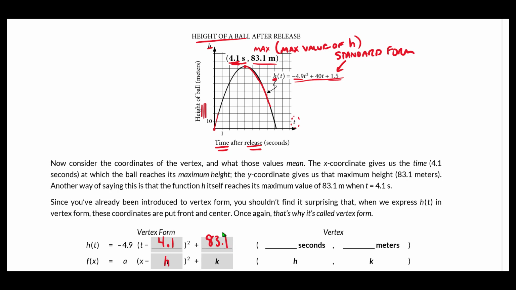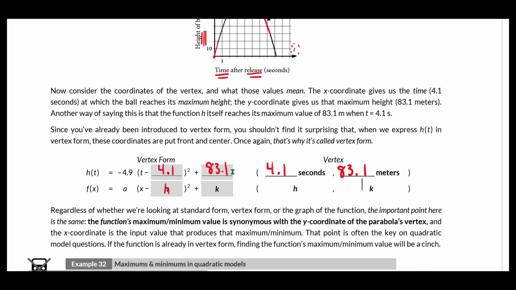That is the maximum value of this function, and that is the y coordinate at the vertex, which is a maximum. So our vertex is at 4.1 seconds and 83.1 meters. So the maximum value of this function and that y coordinate, I'm going to go ahead and highlight this.